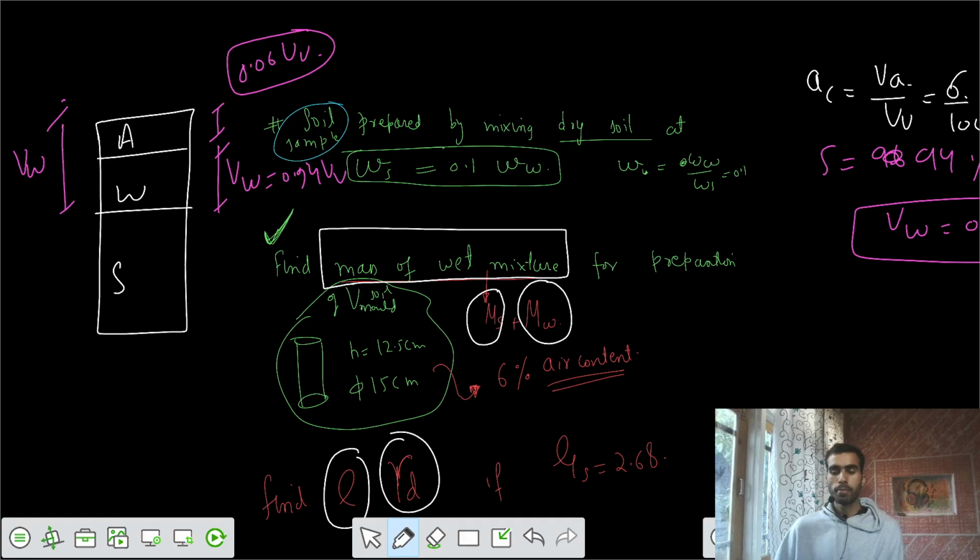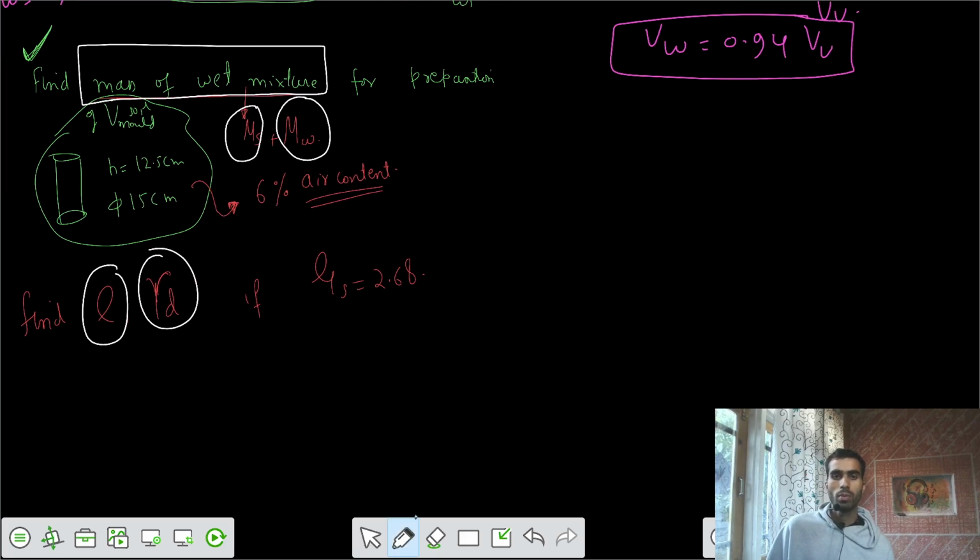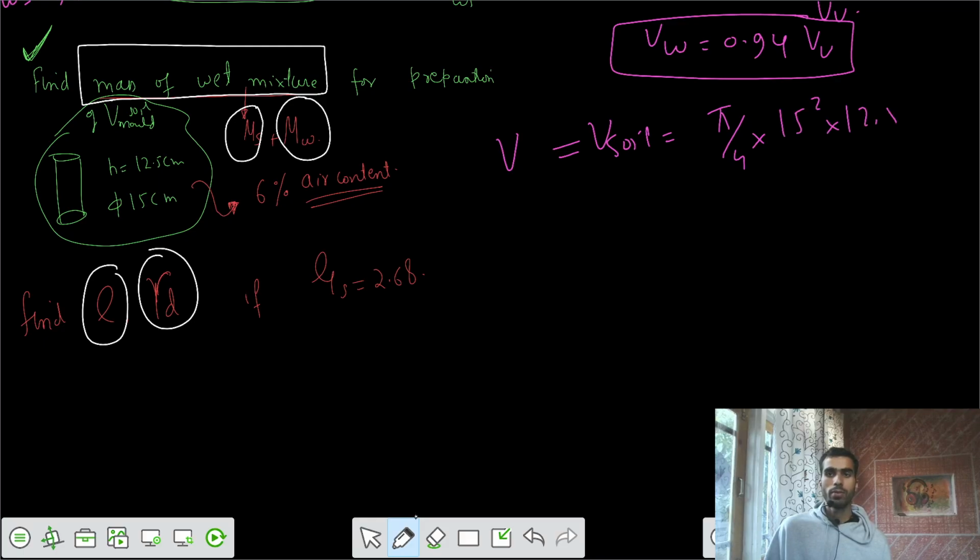Now, what is the total volume of the soil required? Can you calculate it? The volume of the soil is pi by 4 times 15 squared times 12.5 centimeter cube.